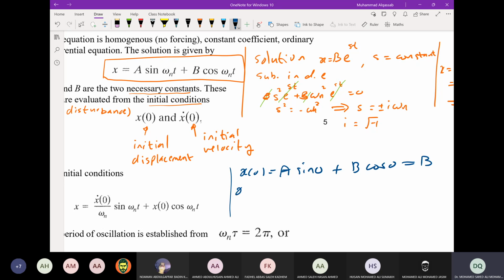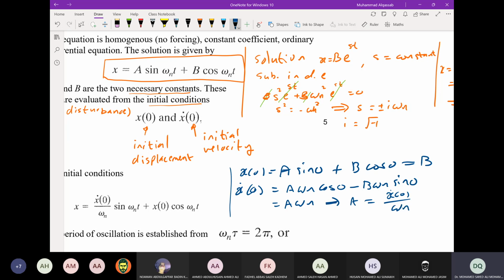And initial velocity, if it is given, will be a omega n cosine 0 when you take the differentiation, minus b omega n sine 0, and cosine 0 is 1, so this will be a omega n, and sine 0 is 0. So this gives us a equal to x dot at 0 divided by omega n.